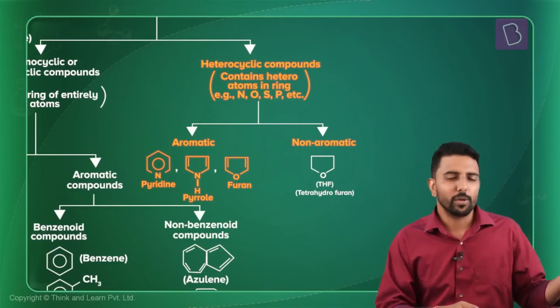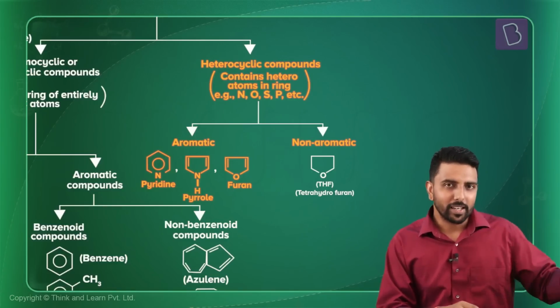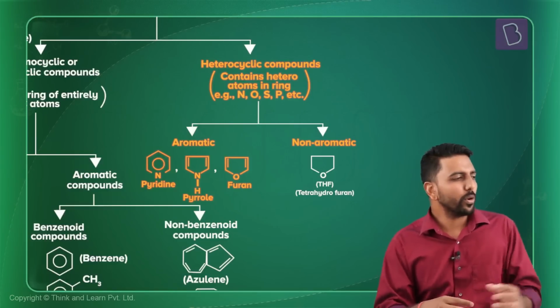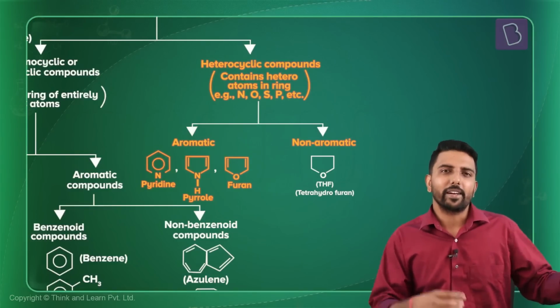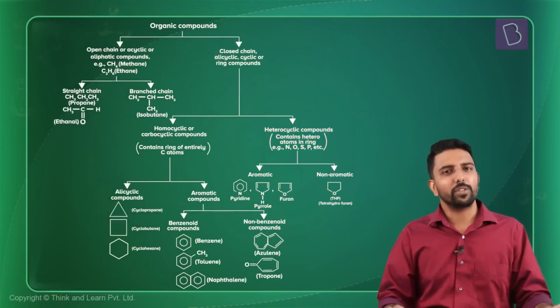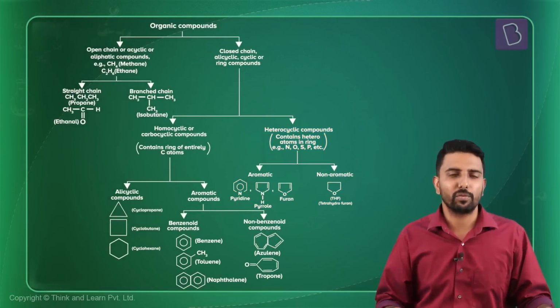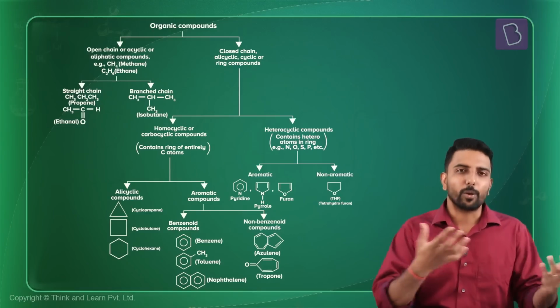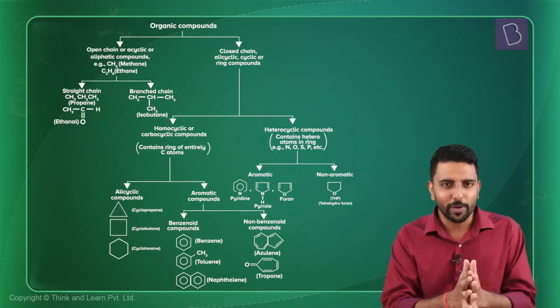Whereas the heterocyclic non-aromatic compounds are going to be crown ethers and tetrahydrofuran and similar compounds. So this concludes a broad classification of what is otherwise an endless array of organic chemical compounds. This is one way to go about classifying them.